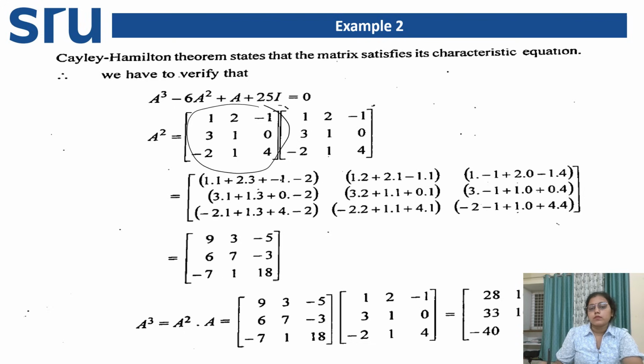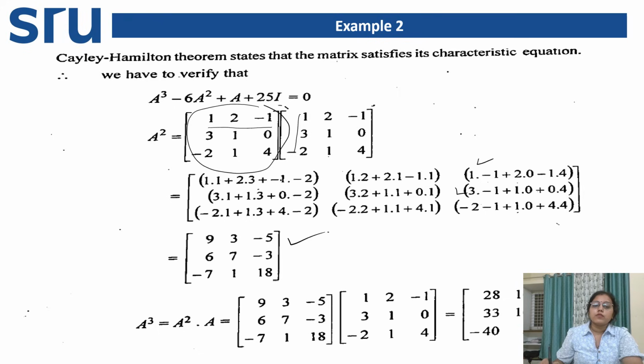How to find the multiplication of these two matrices? Simply, first row first column multiplied, then you get this position, first row second column you get this, first row third column you get this. In this manner, second row first column you get this, second row second column you get this, second row third column you get this position. In this manner you have to find the third row also. After calculation you find A squared.